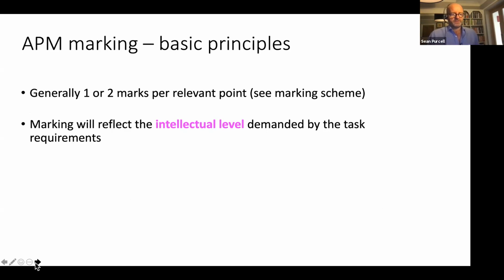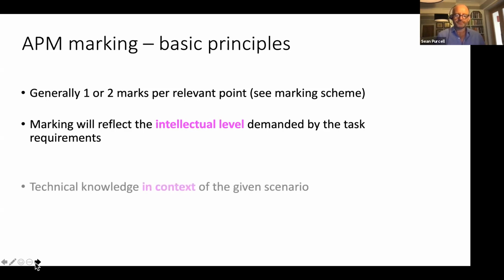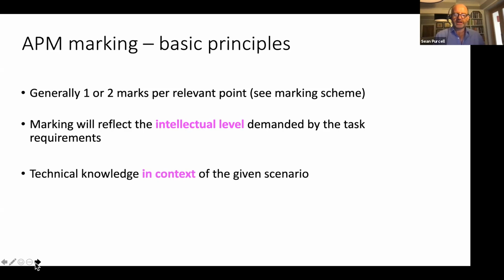There's a science to setting exams, and there's something called Bloom's taxonomy I'll explain in a moment. Dependent on the exam, it determines the intellectual level demanded. So we're looking at technical knowledge, but in the context of a scenario. It's not theoretical, it's applied, as I keep saying to you.